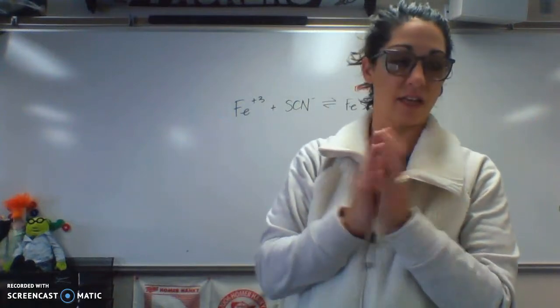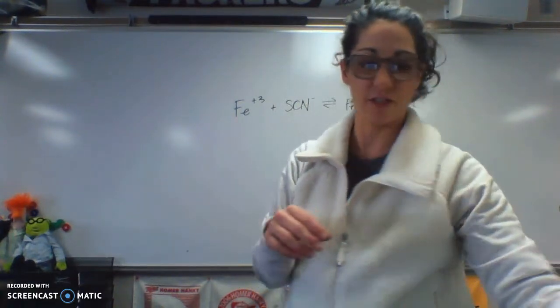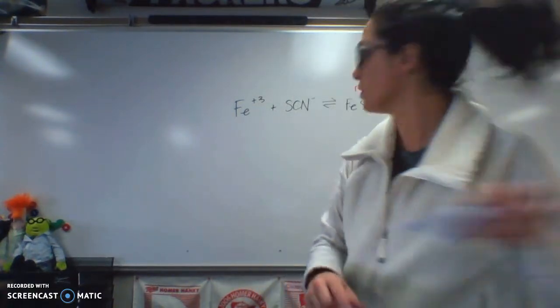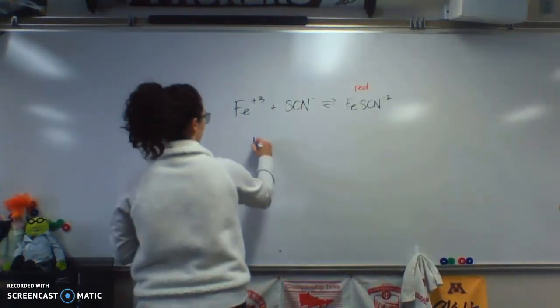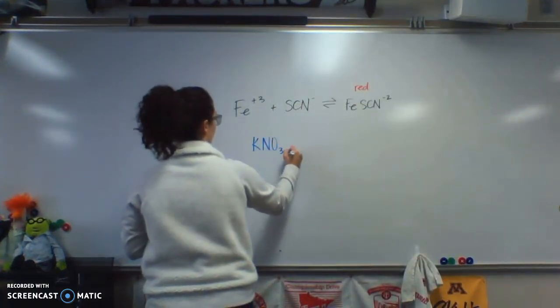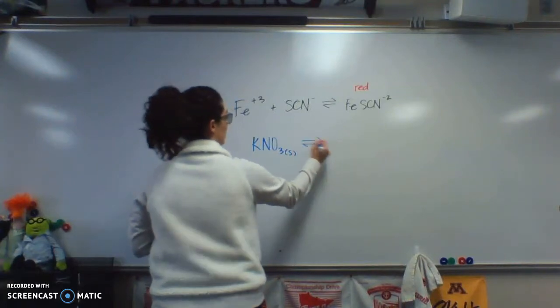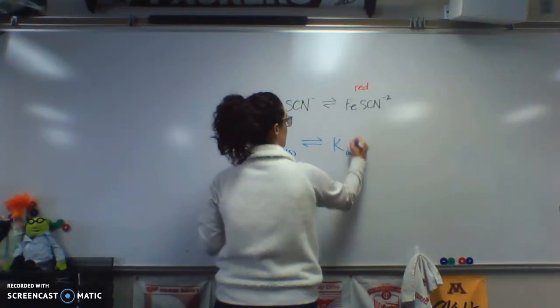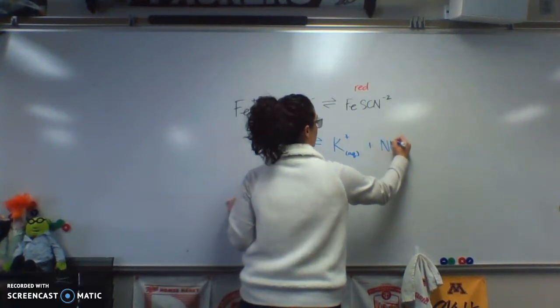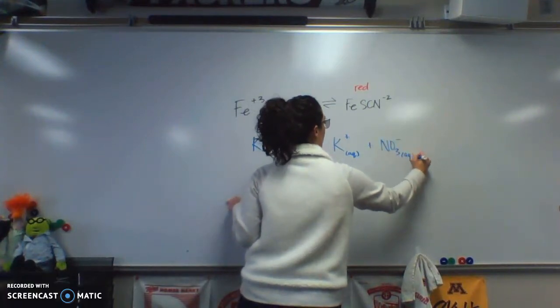So I'll tell you that it's endothermic, and I'll do this one in blue. We've got KNO3 as a solid, but when it's dissolved, it's aqueous, you're going to have your potassium and your nitrate ions.